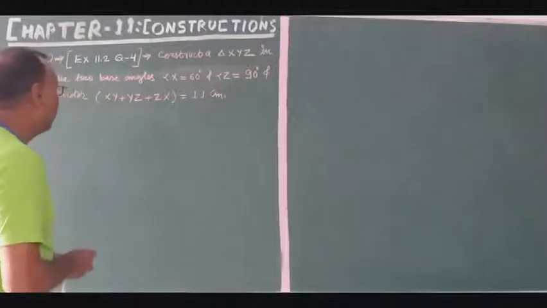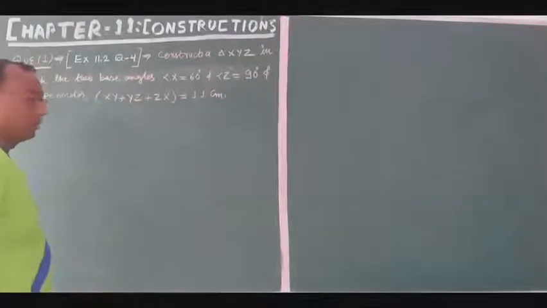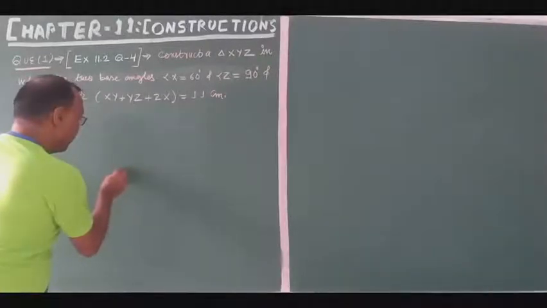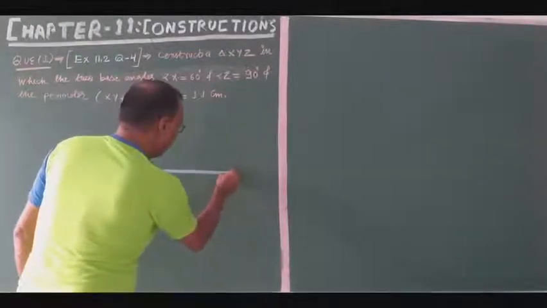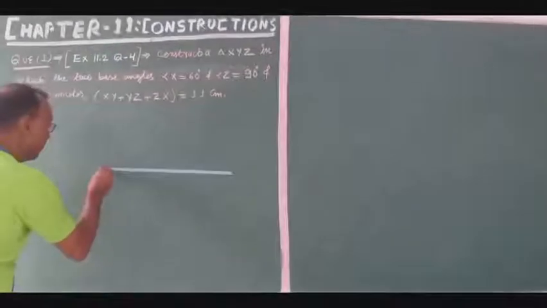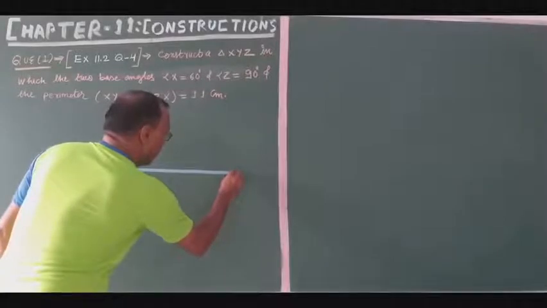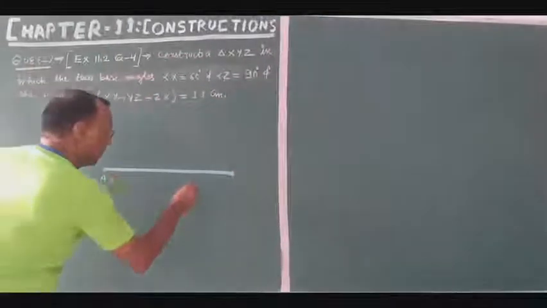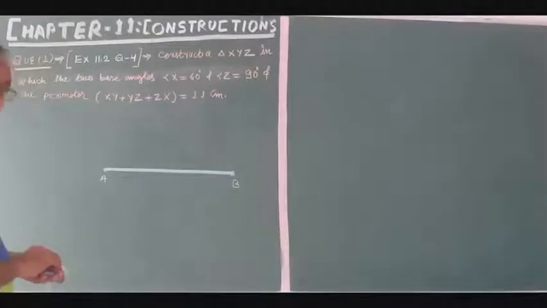First we will draw the given perimeter. First we will draw this in this way. Is it there? What is our step number 1?